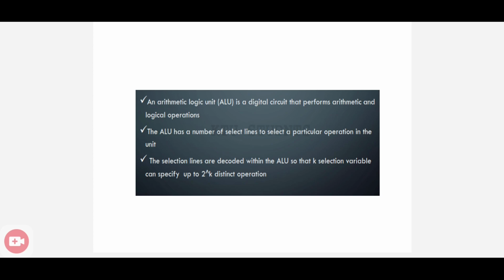So ALU is the main component of a central processing unit. It has selection lines to select various operations. If it has k selection lines, it can implement 2 raised to k distinct operations.